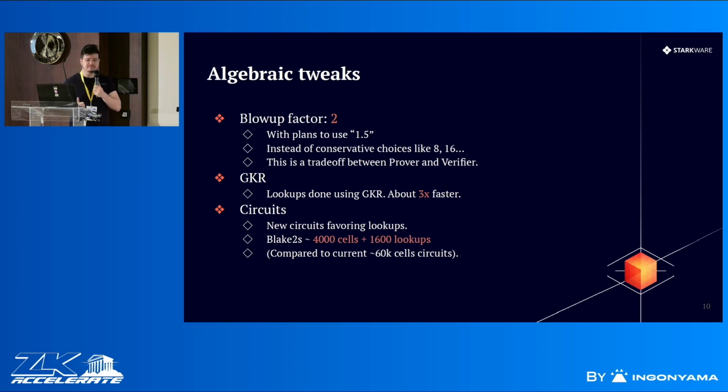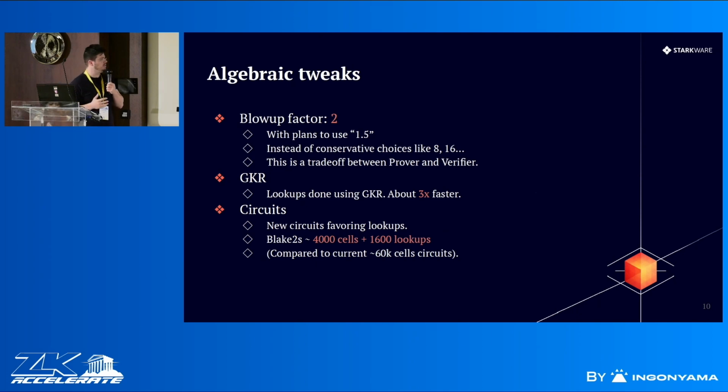Another thing we used is GKR lookups. From our tests, they're about 2 to 3 times faster than just a regular proof of lookups, especially when done on AVX. And we have new circuits we're working on that take advantage of these cheap lookups that we get with GKR. Using this, we get circuits that are very small.